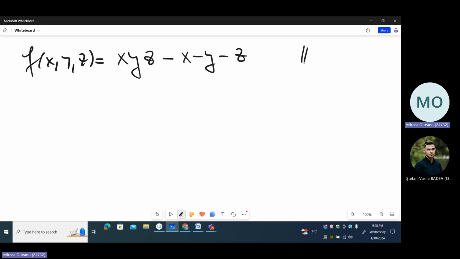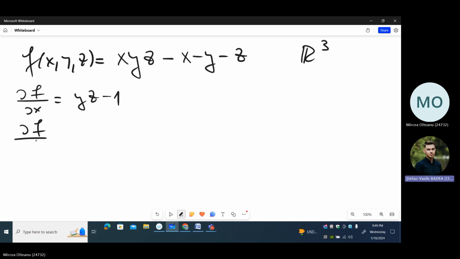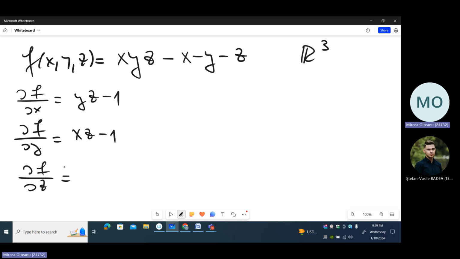Of course, the domain of definition is the entire space. So first of all, we compute the partial derivatives. Okay, these are the first order partial derivatives. Now we need to solve this system.